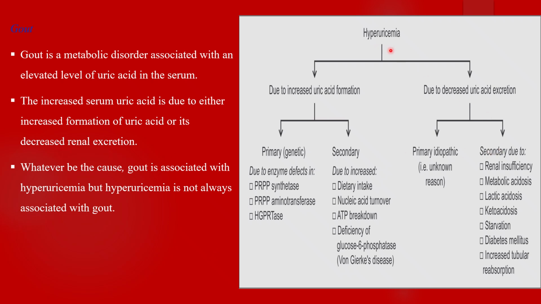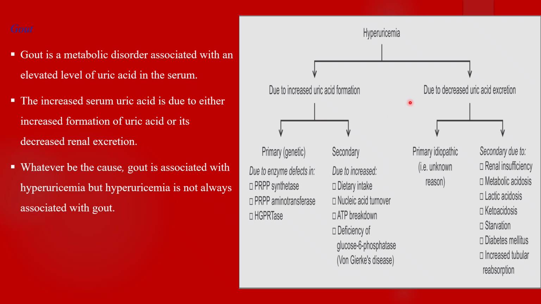There can be various causes of hyperuricemia. It can be due to increased uric acid formation or decreased uric acid excretion. If there is a lack of equilibrium between these two phases, there will be hyperuricemia. The average normal blood serum level of uric acid is 4 to 7 milligrams per 100 ml, and the majority of uric acid is excreted via the kidneys.